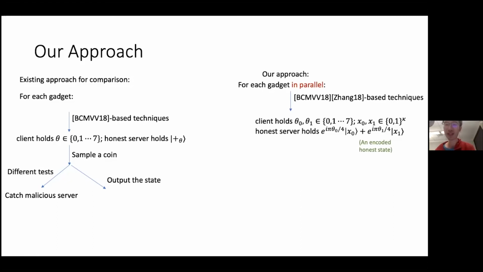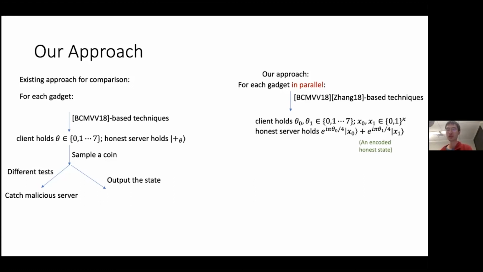The second difference is that we will first use some techniques to allow the server to do something, but we will not allow the server to prepare the plus theta state directly. Instead, the server will prepare an encoded state in the following form.